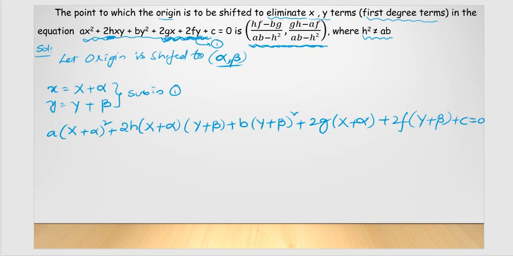This is my transformed or translated equation, right?